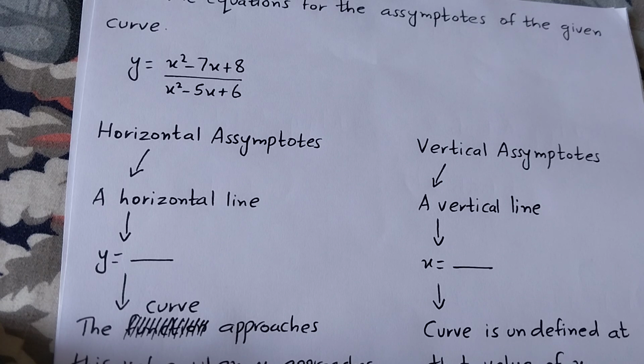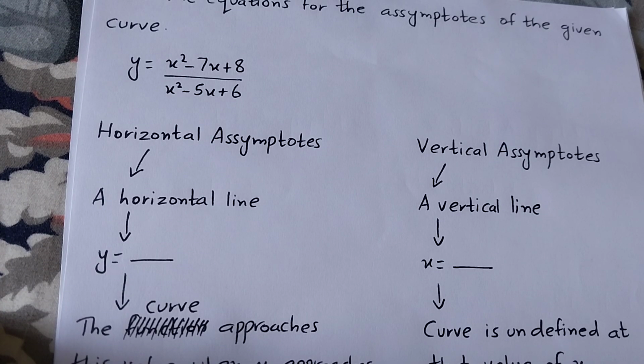And minus 7x plus 8 and minus 5x plus 6, we can ignore those terms in both numerator and denominator. The terms that matter in both numerator and denominator, in case of negative numbers, very small numbers also, will be x square and x square.